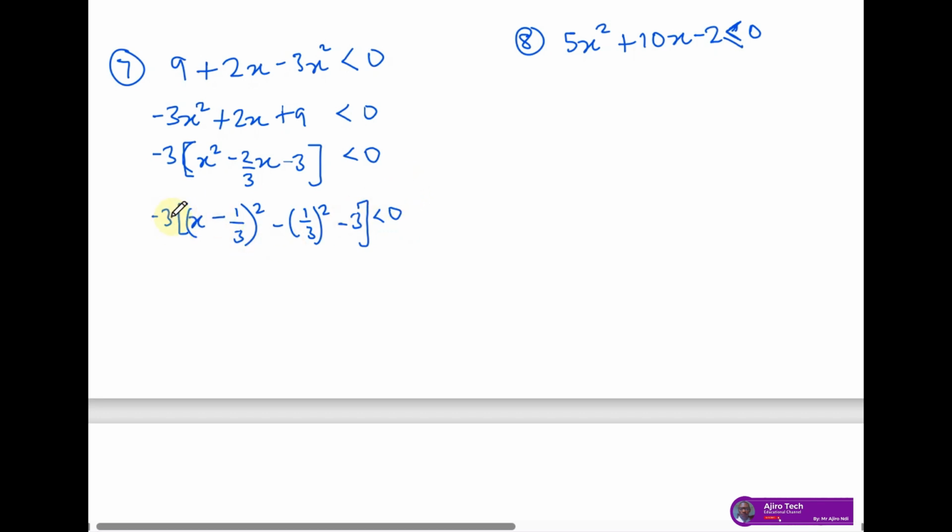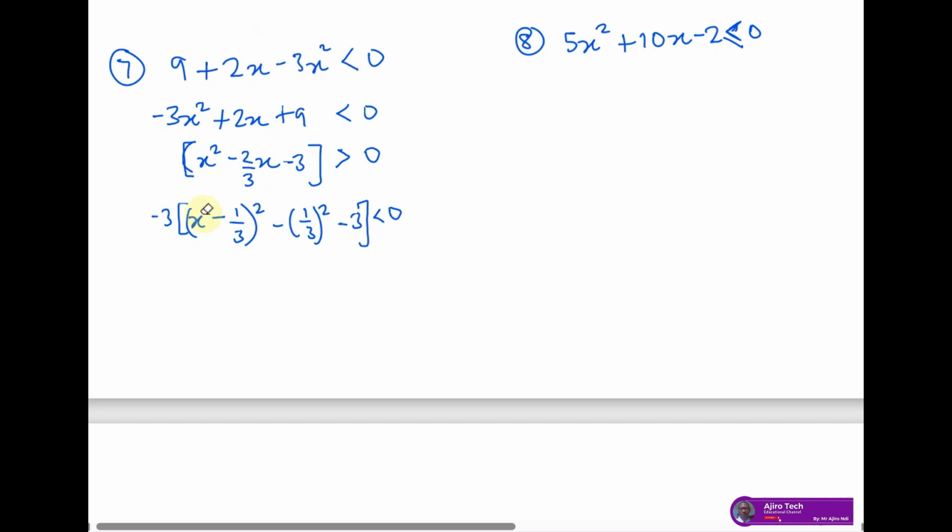Now, should I divide it by 3? Yes, I can divide by this negative 3. We have to make this inequality change direction. Then this inequality will change to the other direction, like this instead. I divided by negative 3. 0 by negative 3 is still 0. So I don't need this bracket anymore.